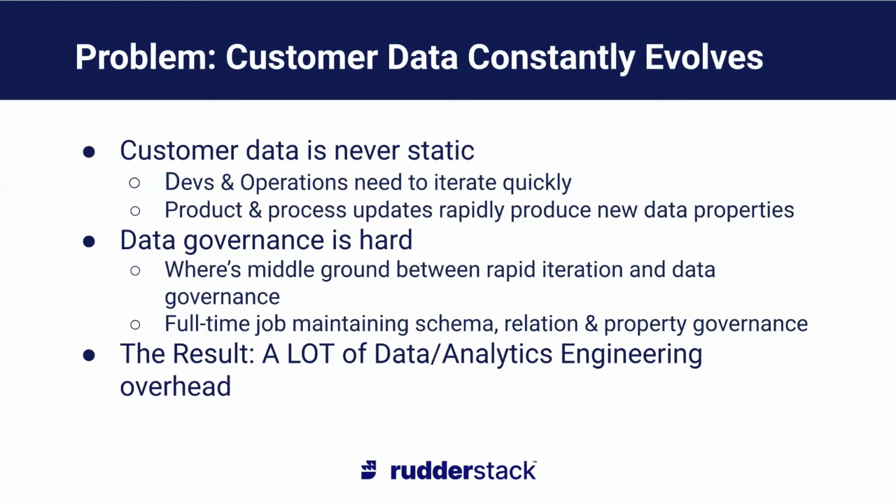I can talk to a couple of these points and then would love to hear about your experience across the companies that you've worked at. One of the reasons is that customer data is never static. Marketing, product, etc., are constantly trying to optimize, which means that the actual interfaces that customers are using, i.e. websites, apps, whatever, are constantly changing, which means that the data that they produce that represents customer behavior is also changing.